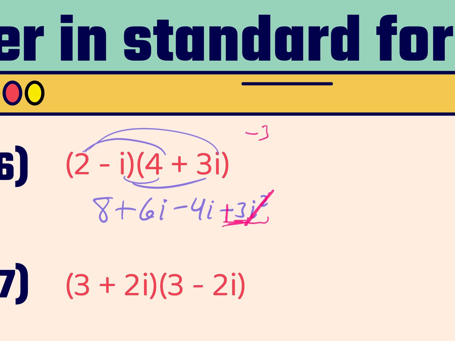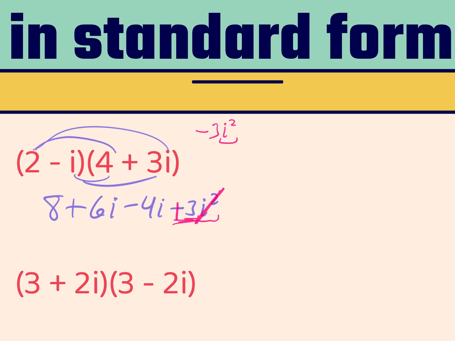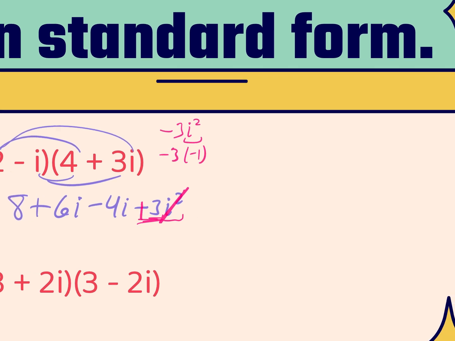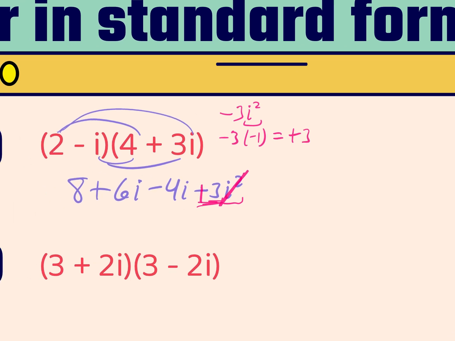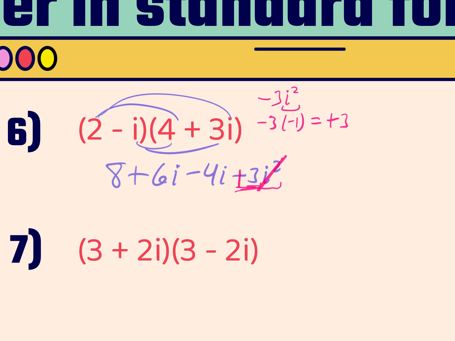Originally, we had negative 3i squared, but if i squared is negative 1, we end up with negative 3 times negative 1. And negative 3 times negative 1 is just positive 3, right? Real number 3, right? No more i, right? So anytime you see an i squared, simplify it because it becomes a real number.